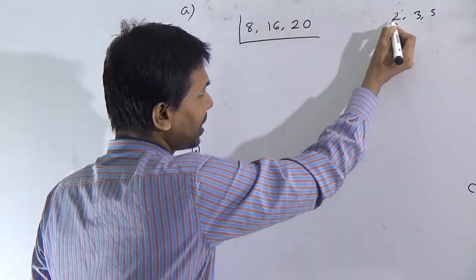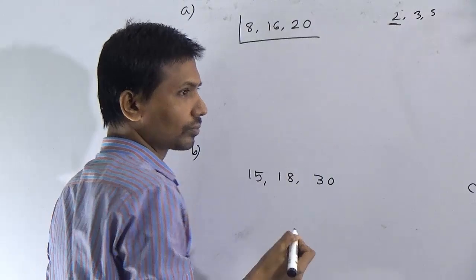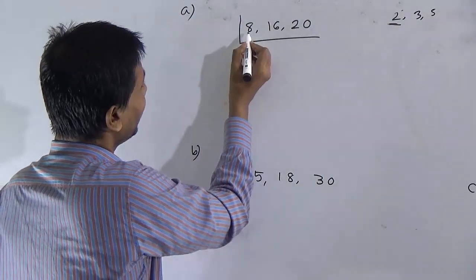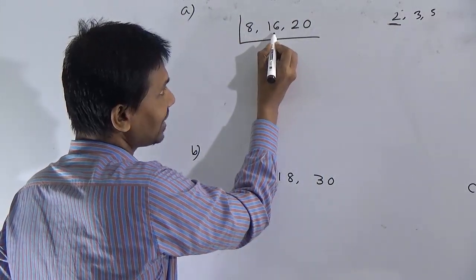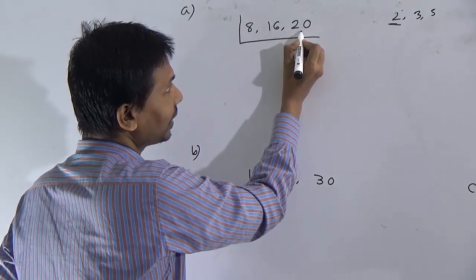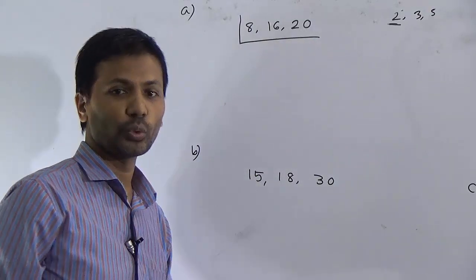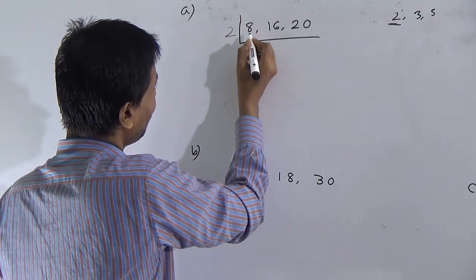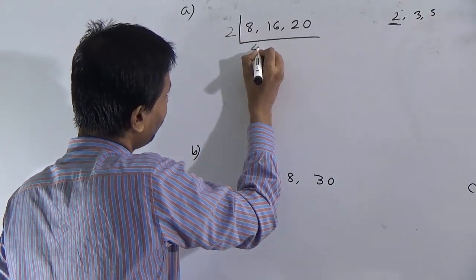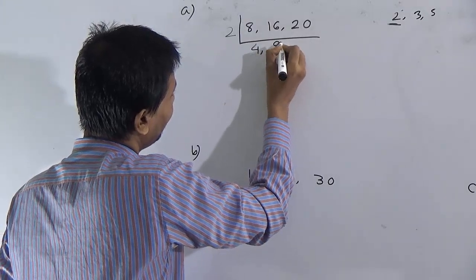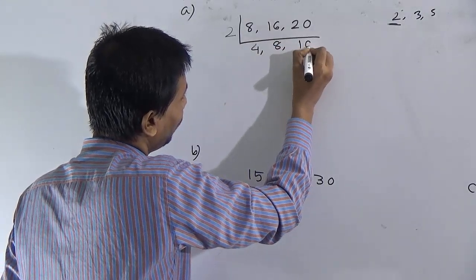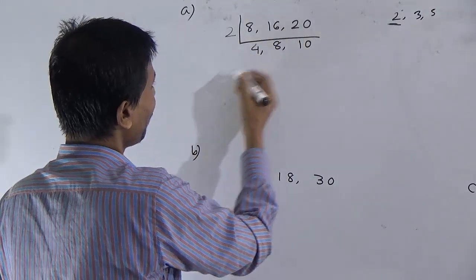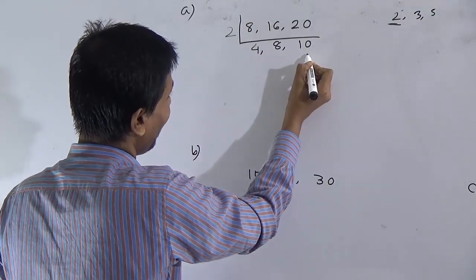Suppose we select 2 at first. Look, 8 is divisible by 2, 16 is divisible by 2, 20 is divisible by 2. So we select 2 right here. If you divide 8 by 2, you get 4; if you divide 20 by 2, you get 10.